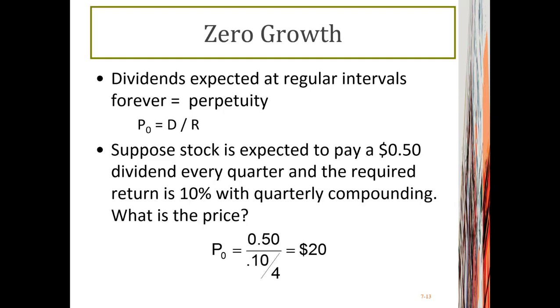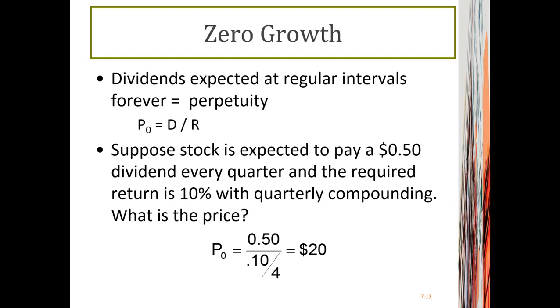And the required return is 10%, wait a second, 10% is an annual rate, and the 50 cents is on a quarterly basis. Therefore, we need to use the quarterly discount rate, which is 10% divided by 4, or 2.5%. When you complete your calculation, you will see $20 of preferred stock price.